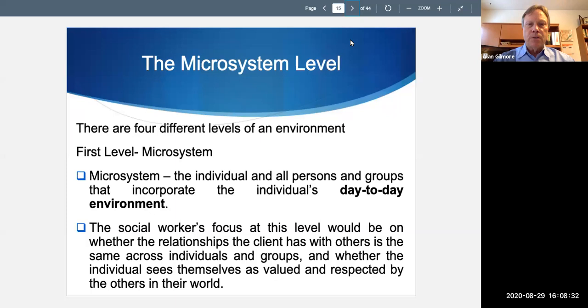Welcome back, students. We're continuing in Module 3, Environmental Systems Theory. And we're going to go ahead and move forward on a set of slides that's going to try to take a look at the various different levels of systems that may exist in any given client's environment.